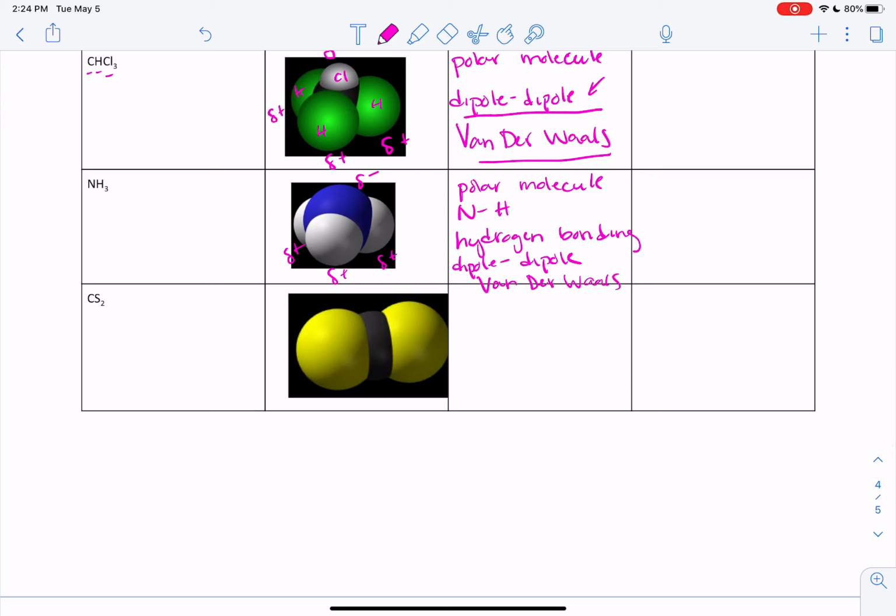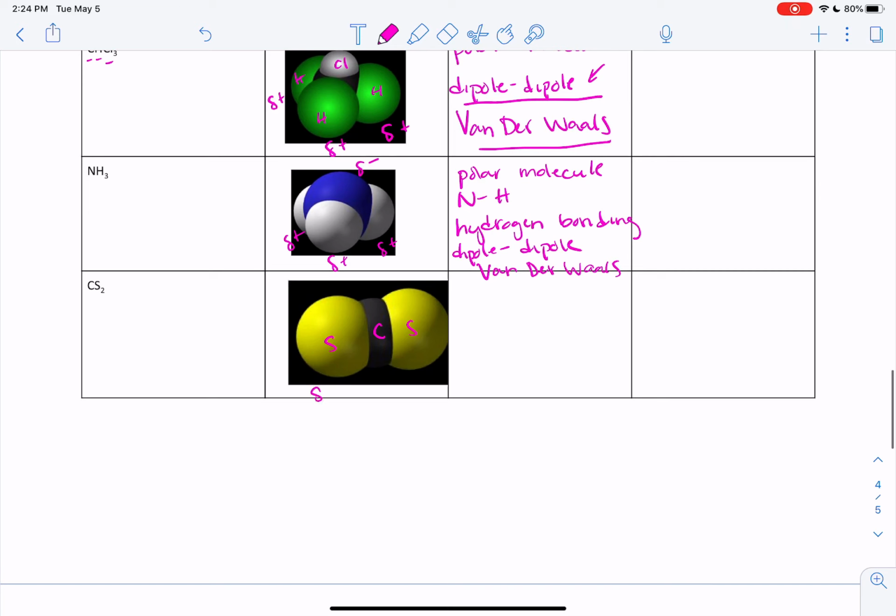This is CS2, carbon's in the middle, sulfur on the other side. So carbon and sulfur do have different electronegativities. So this bond is polar. However, this is a linear molecule, so it is symmetric. And since it's symmetric, it is a non-polar molecule.